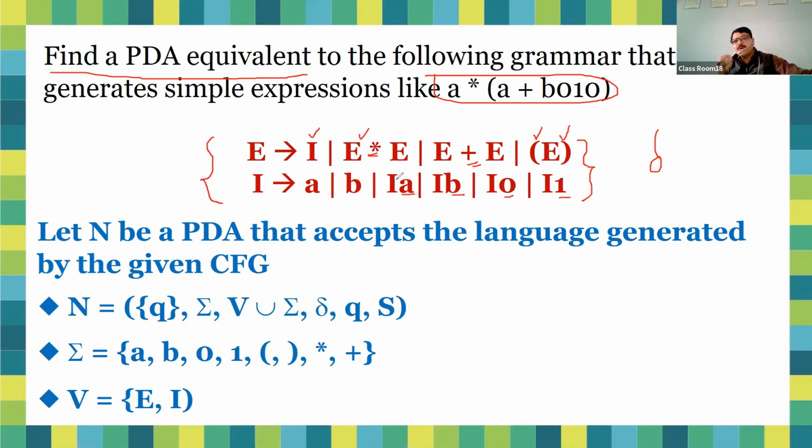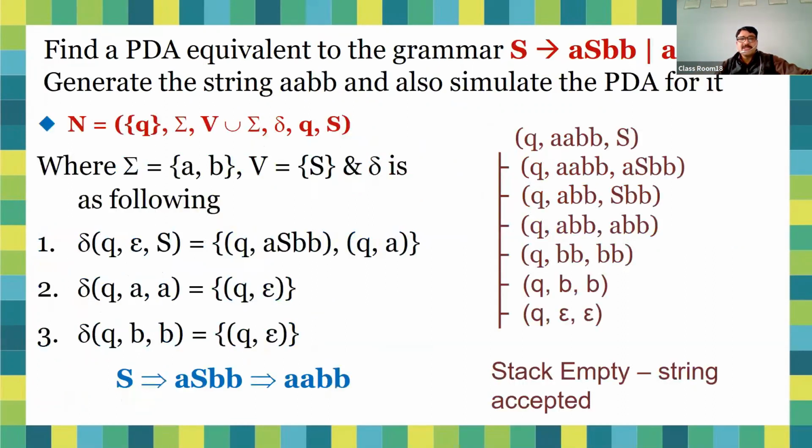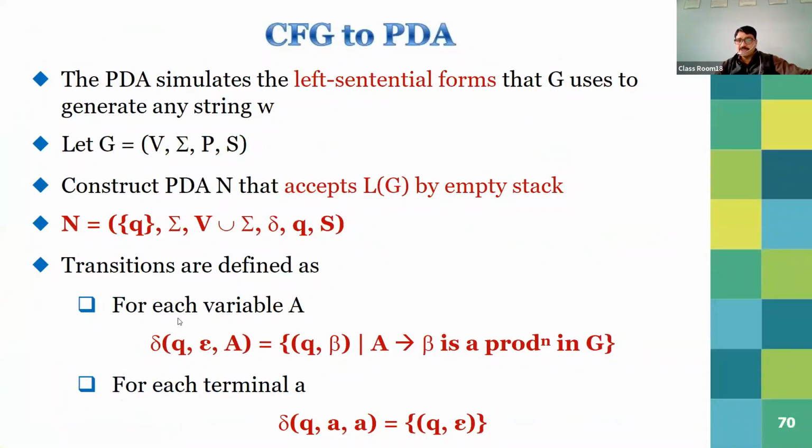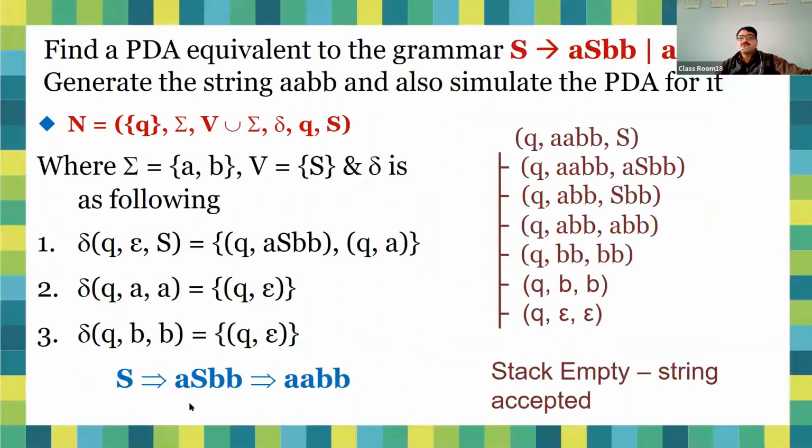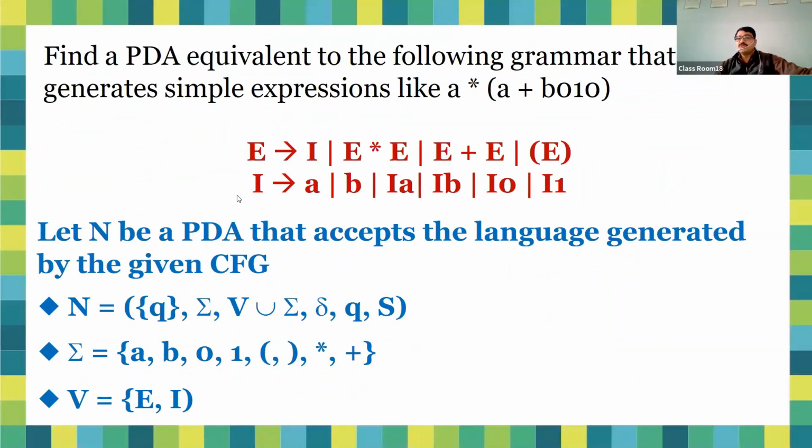So now how can we convert it into the PDA equivalent? By using the 2 previous rules: this is the rule for all variables, and this is the rule for all terminals. By using these 2 rules, you should convert these production rules into the form of transition functions. So just try it. I'm going to try.